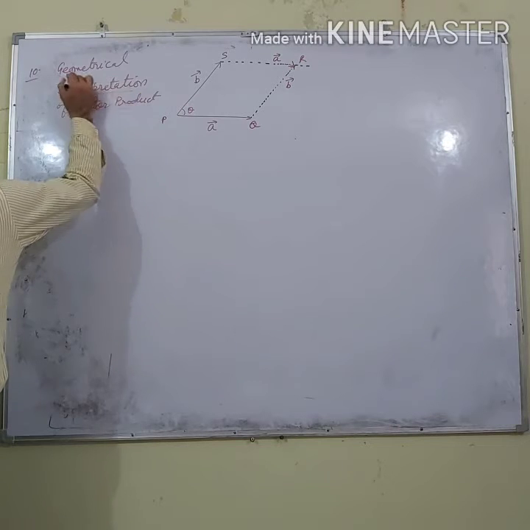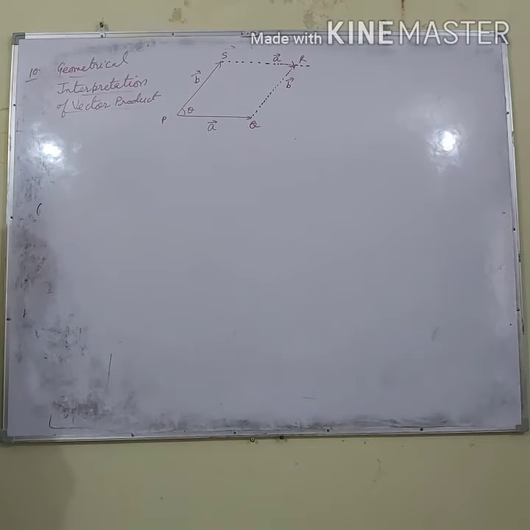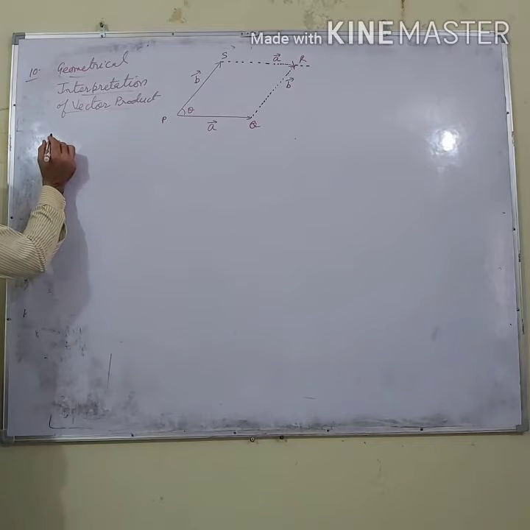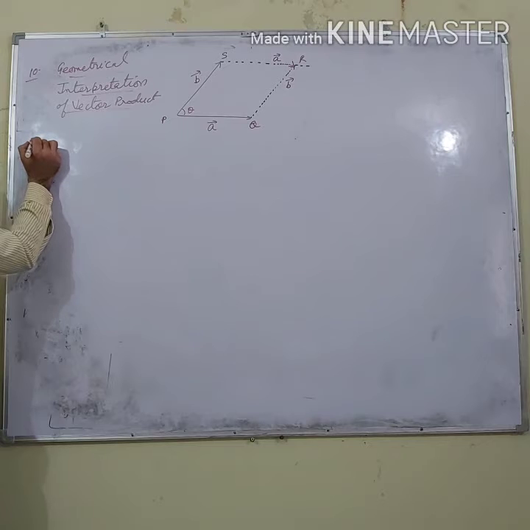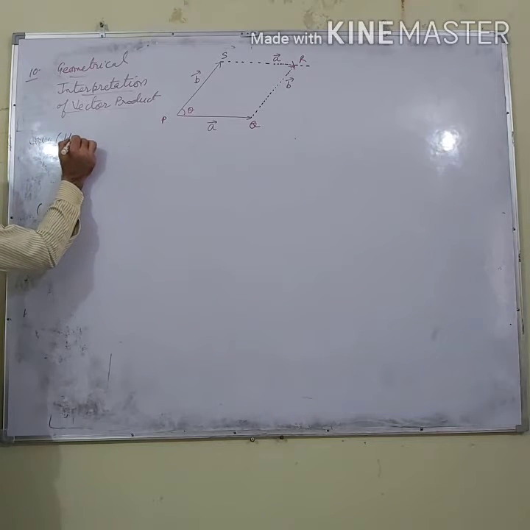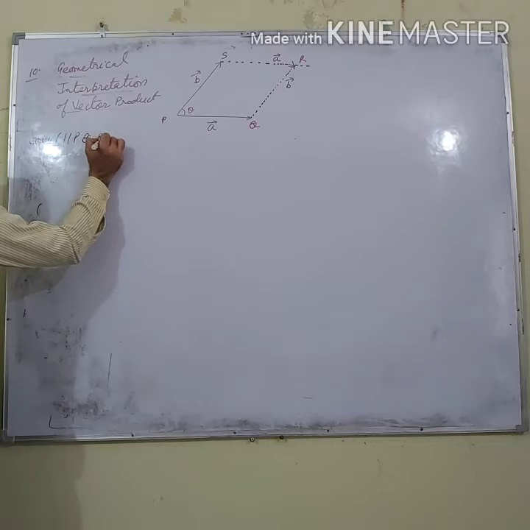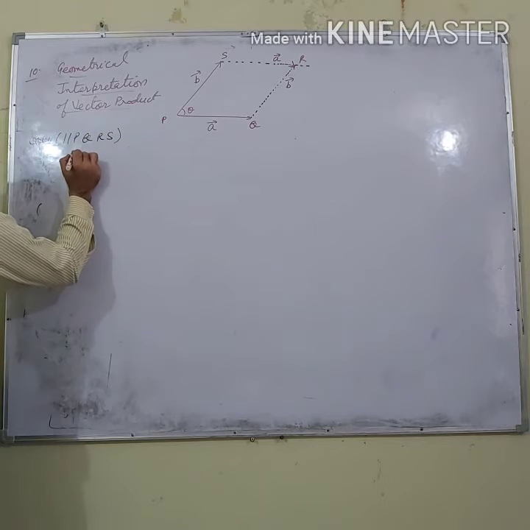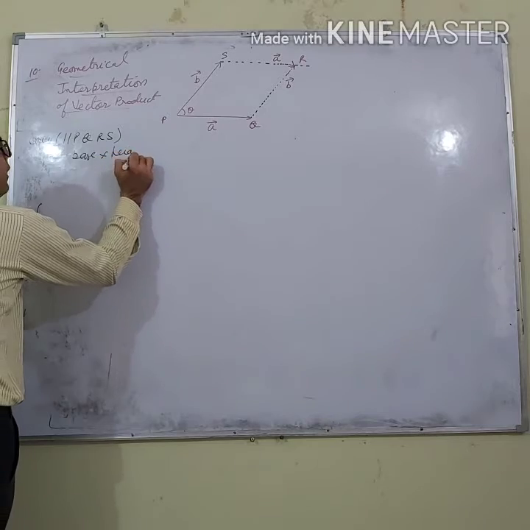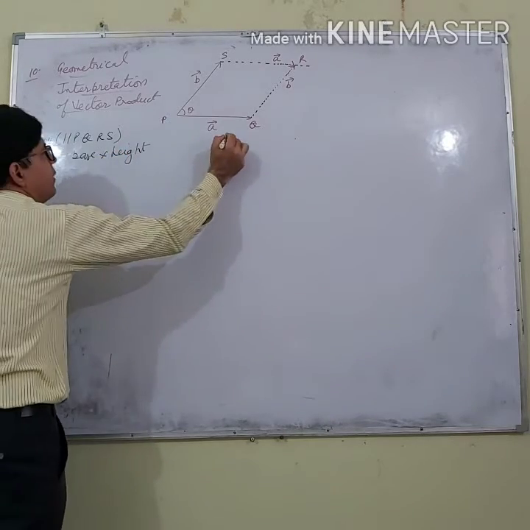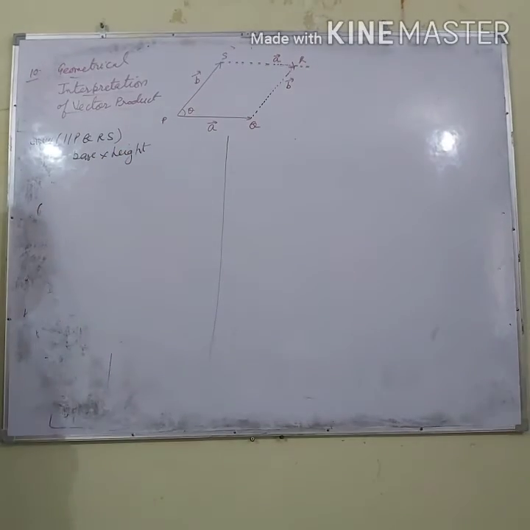What is the geometrical interpretation of the vector product? My target is to find the area of parallelogram PQRS. You will say base multiplied by height.